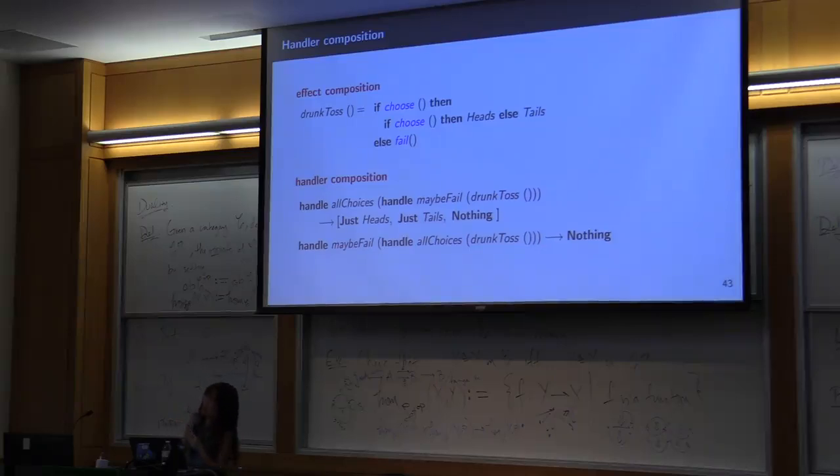Is that a question? The handler composition seems kind of similar to monad transformers. Right, that's a very good point. So I do have one slide for that very quickly. You can consider, again, effect handlers as a more modular approach than monad transformers because you never write lift.